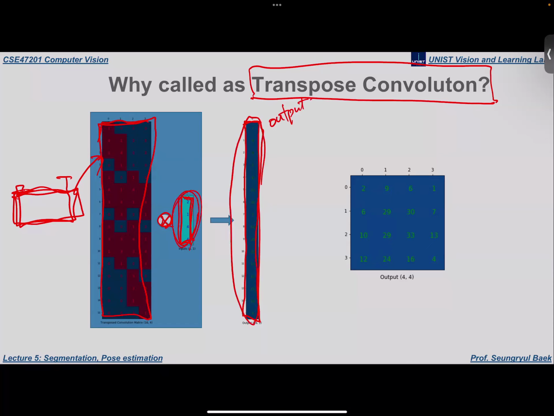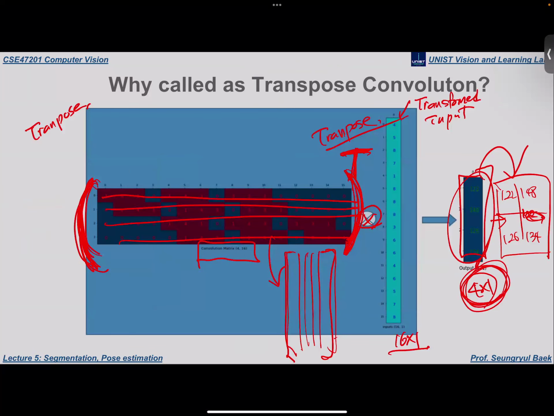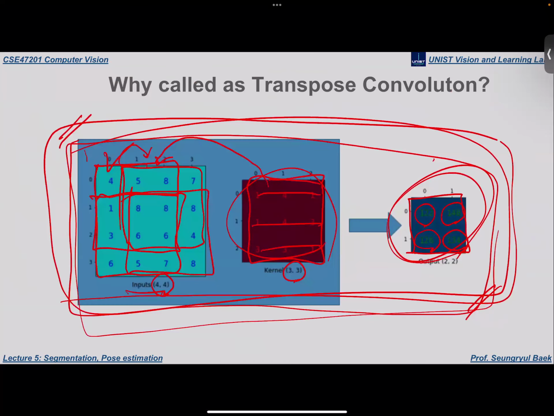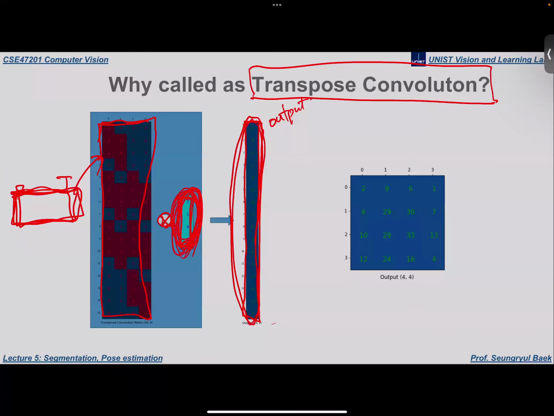You have to notice that the input dimension is less than the output dimension, whereas in the original convolution the input size is larger than the output size. So the characteristics I already explained come from this: if you transpose the original convolution matrix, the previous attributes are reversed.